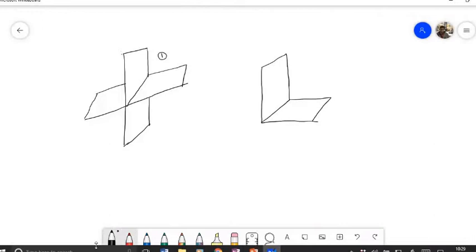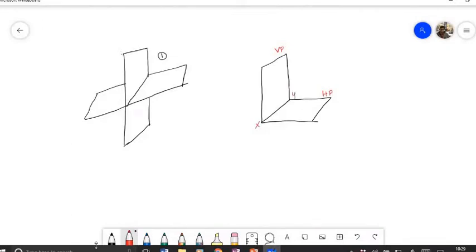So if I draw the first quadrant alone, this will be my vertical plane and this will be my horizontal plane. Okay. The vertical plane and horizontal plane are two mutually perpendicular planes, and they intersect at X and Y.